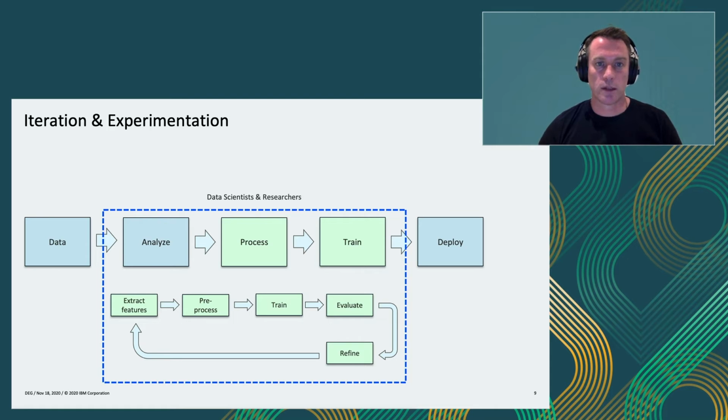This is similar in the machine learning space, where we follow this process of taking the raw data, extracting features, pre-processing those features into a format that's usable for machine learning, training. And that's typically a model selection process. You don't just train one model. Typically, you're training many different types of models, many different pipelines to try and find the one that fits the best.